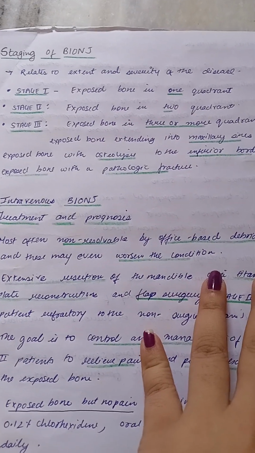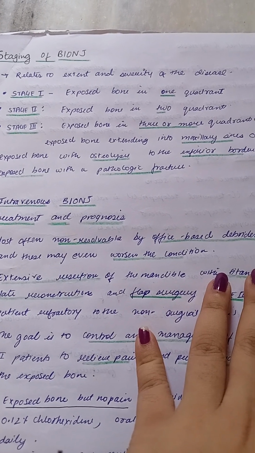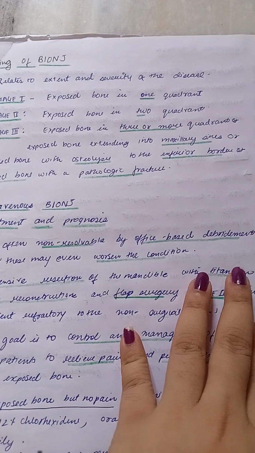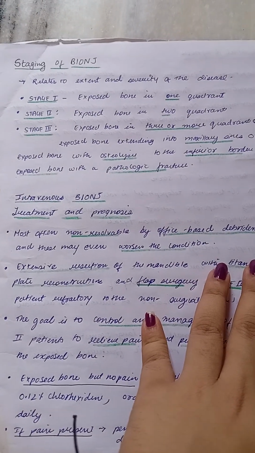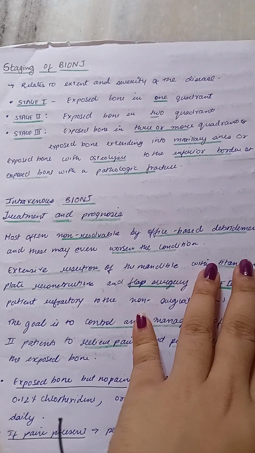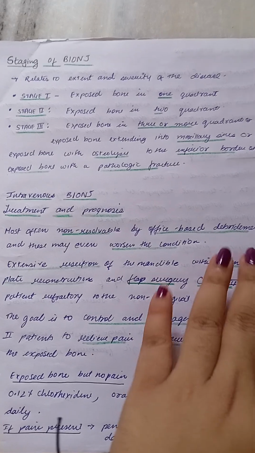Stage 1 is exposed bone in one quadrant. Stage 2 is exposed bone in 2 quadrants, and stage 3 is exposed bone in 3 or more quadrants, or exposed bone extending into the maxillary sinus, or exposed bone with osteolysis to the inferior border, or exposed bone with a pathologic fracture.